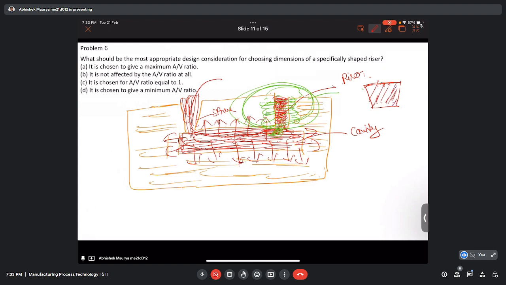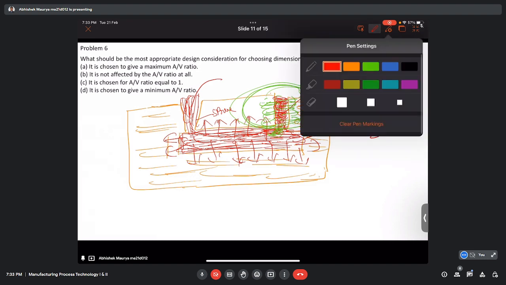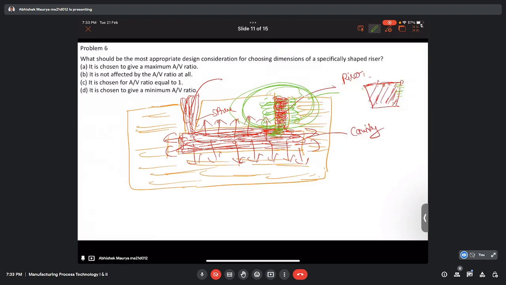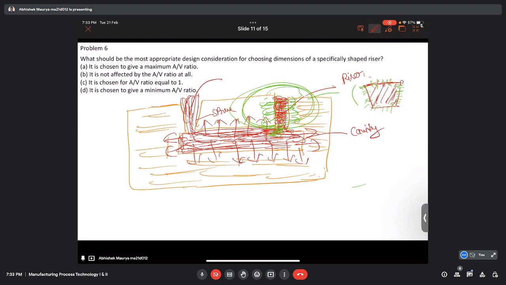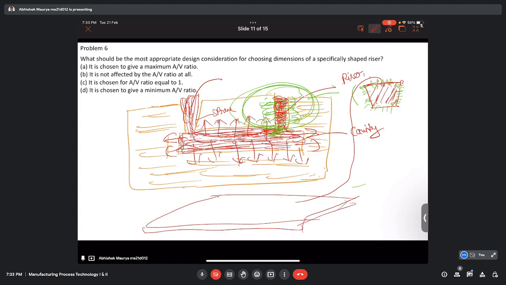If it is inside the bucket, then the surface area which comes in contact with the molten metal is this much. But what will happen if we pour the molten metal on some flat surface? All the molten metal, if poured on a flat surface, will cool down quickly.